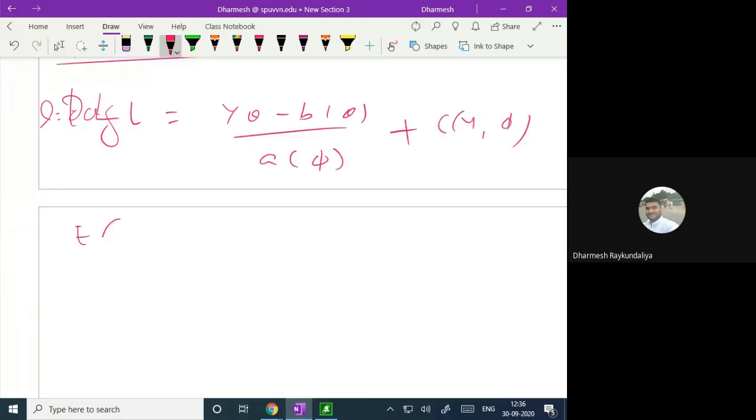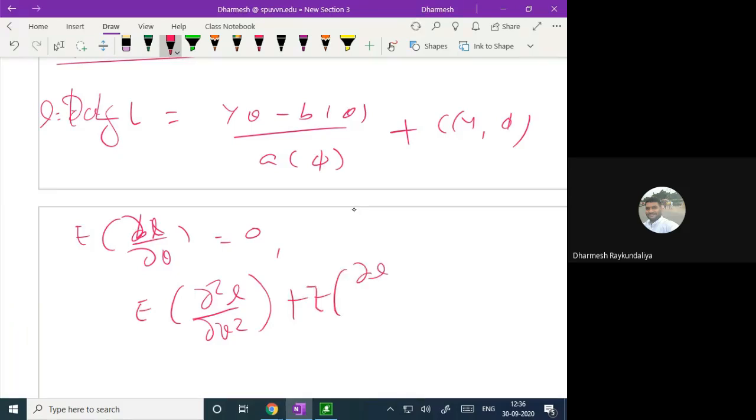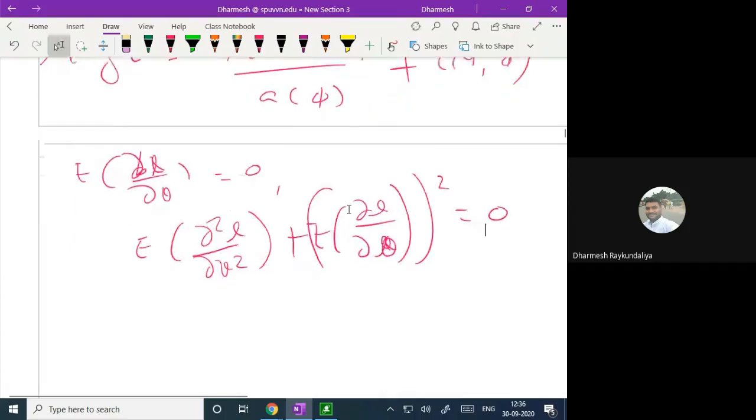Use these two conditions: del L by del theta is equal to 0, and expected value of del square L by del theta square plus expected value of del L by del theta whole square is equal to 0. So you will get the variance of y is nothing but a of phi into b double dash theta. Okay, so you can easily obtain the mean and variance of this.